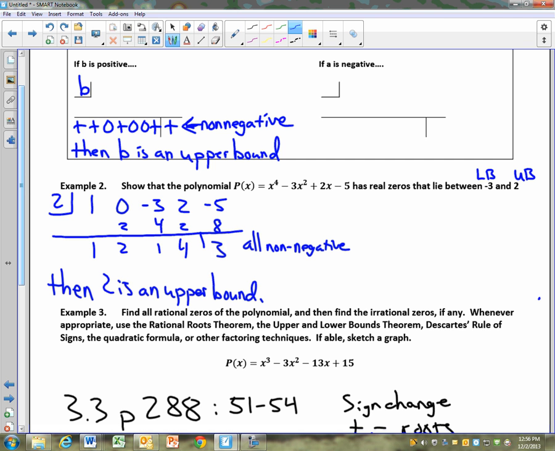All right, well, let's say that A is negative, okay? Let's say you got another number you're trying and it's negative, and you want to check to see if it's a lower bound. Well, when you run it through, if you get something like this: positive, negative, positive, 0, negative, positive, 0, positive, meaning you have alternating signs.